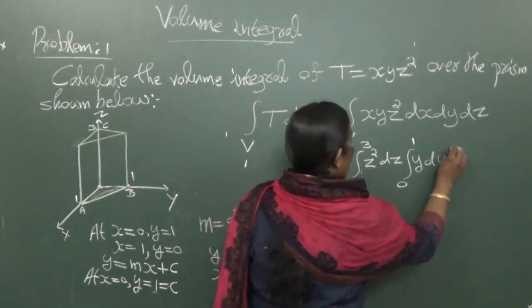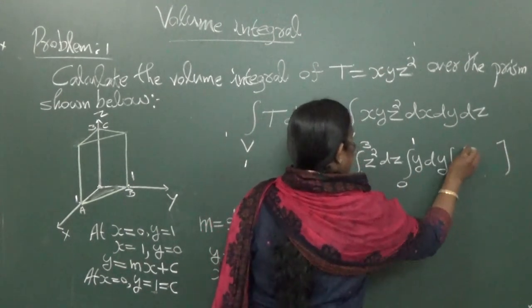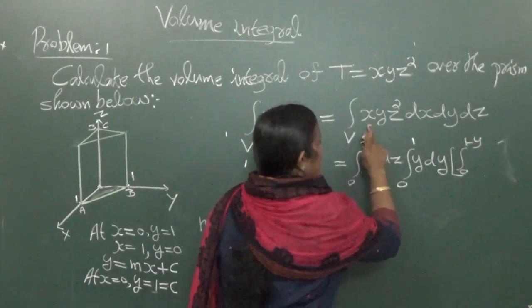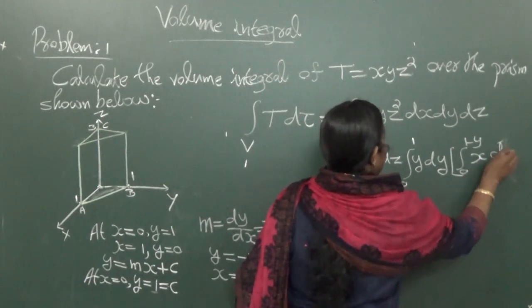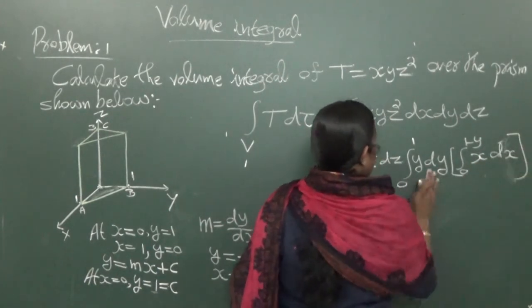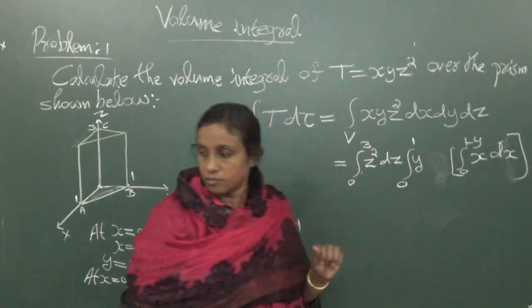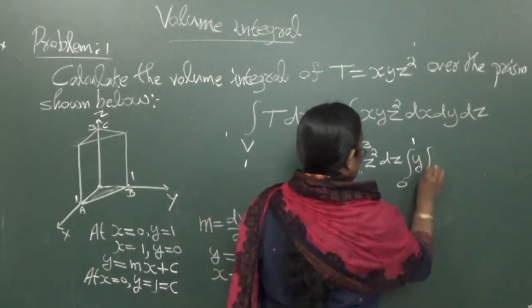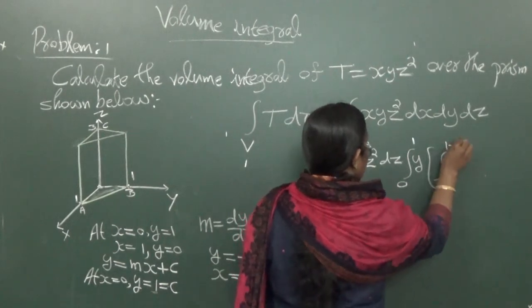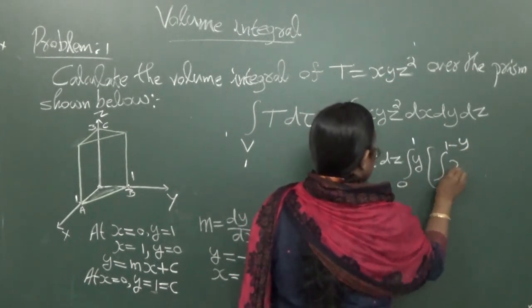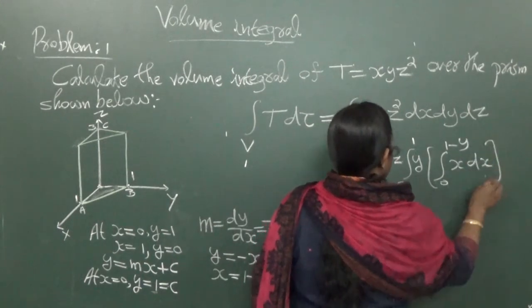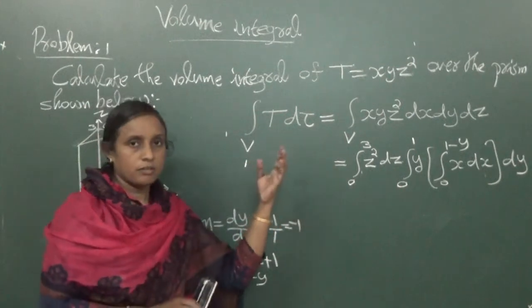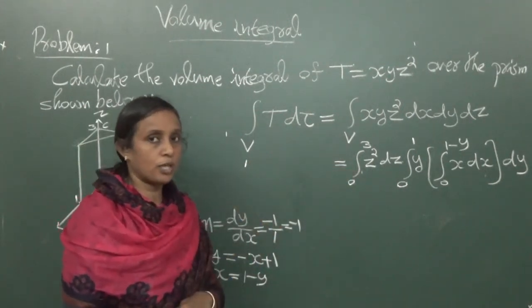Along with this, another integration is 0 to 1 minus y, x dx dy. Do you understand how to find this?